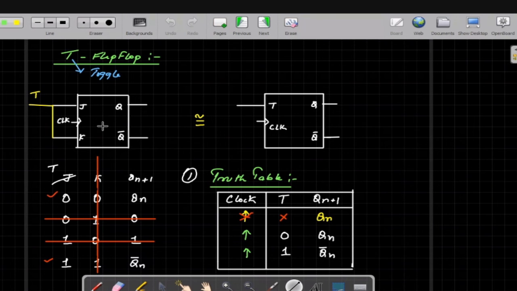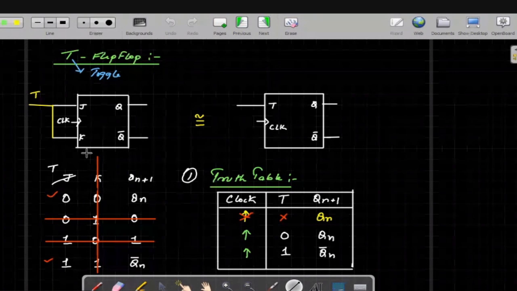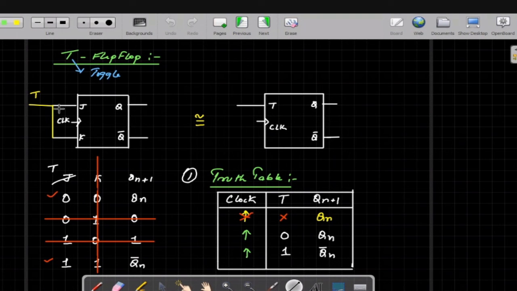So in case we are designing the T flip-flop using the JK flip-flop, we eliminate those combinations which are complemented. So we eliminate the 0 1 and 1 0 rows, and we also eliminate the K terminal because we have only a single terminal, so we'll put the J over here.